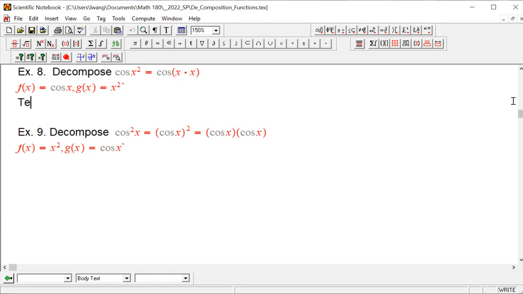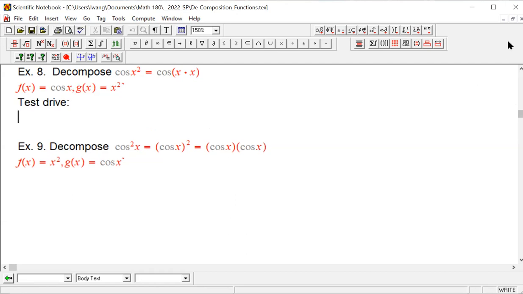So let's test drive these two processes, okay? F composite G equals F of G of x. All right, so G is x squared, and f of x squared.